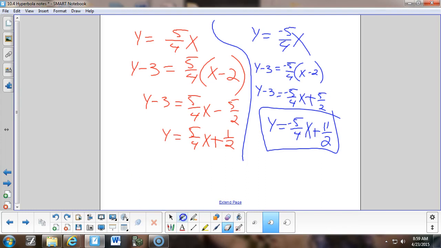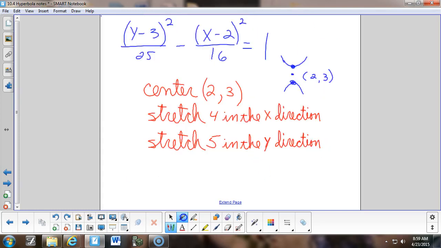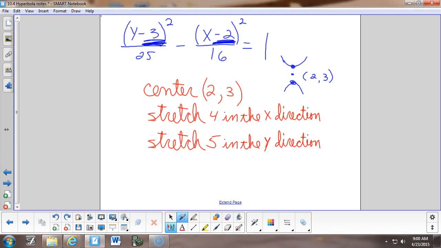And one of the reasons we did is to make it easy to understand this. This equation is an equation as if it were at the origin. If this graph was at the origin, I would be done. But I'm going to go way back here for a minute. Way back at the beginning, this is not at the origin. It's been shifted to the right 2 units, and it's been shifted up 3 units.